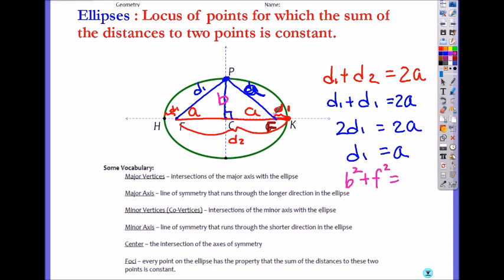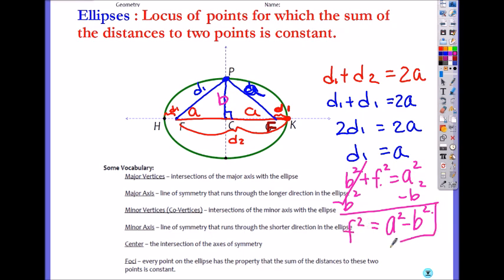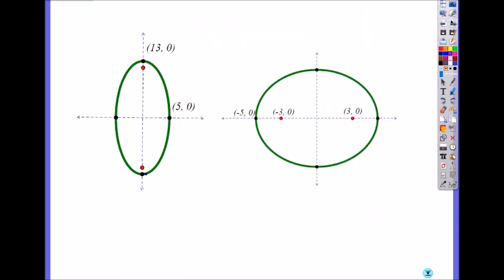The hypotenuse squared, which is A squared. So if you want to find F squared, move B squared to the other side, and you get A squared minus B squared equals F squared, the distance of a focus.